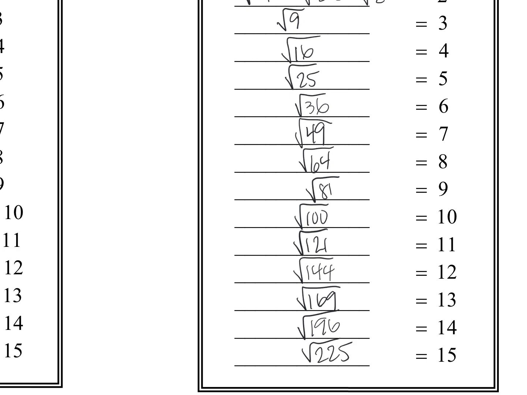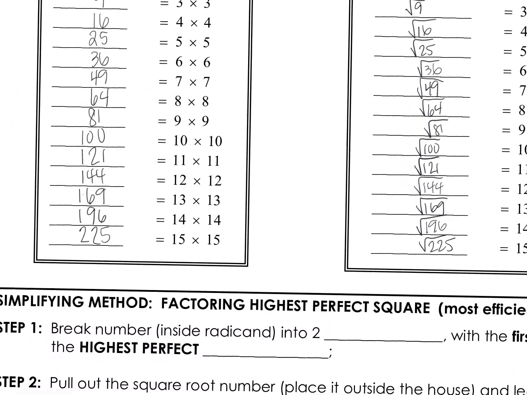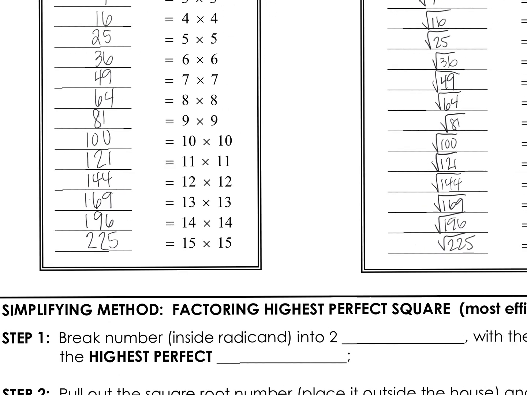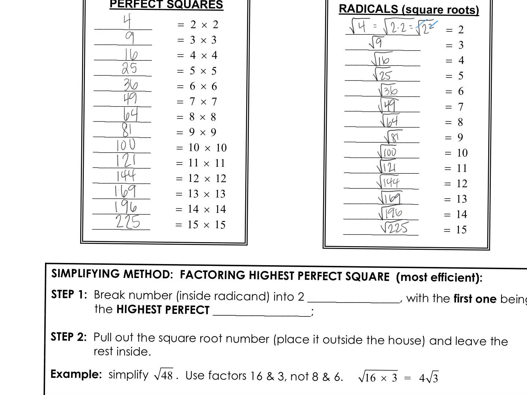Okay, so now that we've refreshed our mind about our roots and radicals and perfect squares, let's talk about simplifying. To simplify a root means that we want to factor out the highest perfect square. Now, not in all cases will you recognize that you have a perfect square.